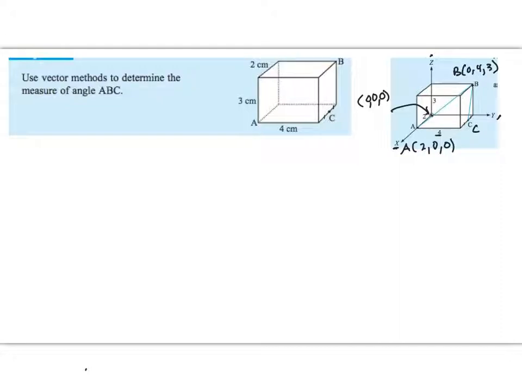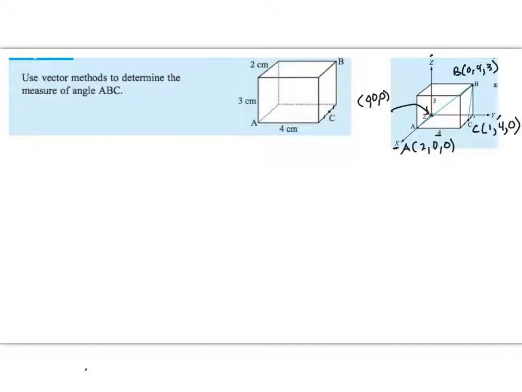I also need point C. Point C, I have moved forward 1 because it's halfway between 0 and 2. I've moved 4 horizontally and none vertically. So that is point C.